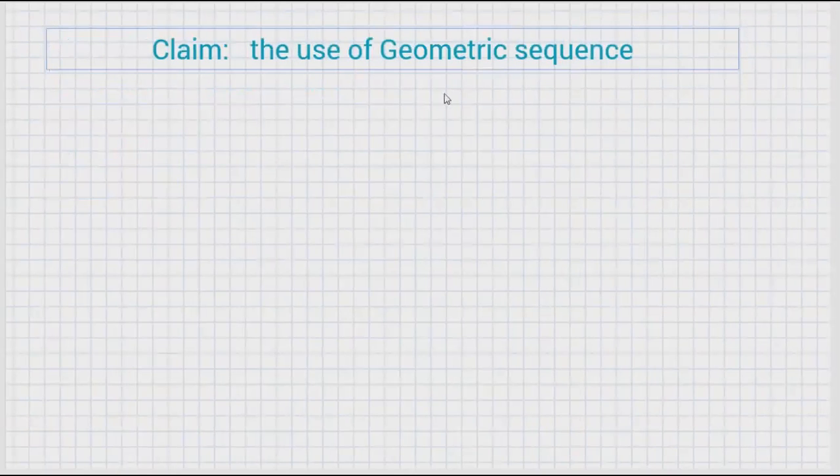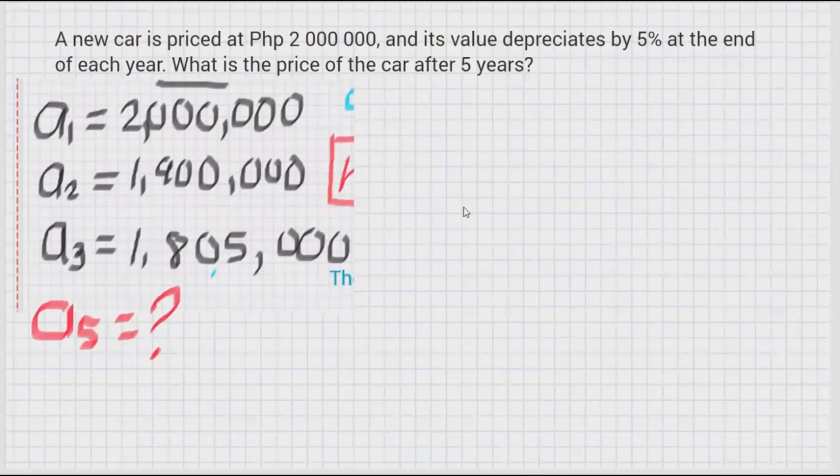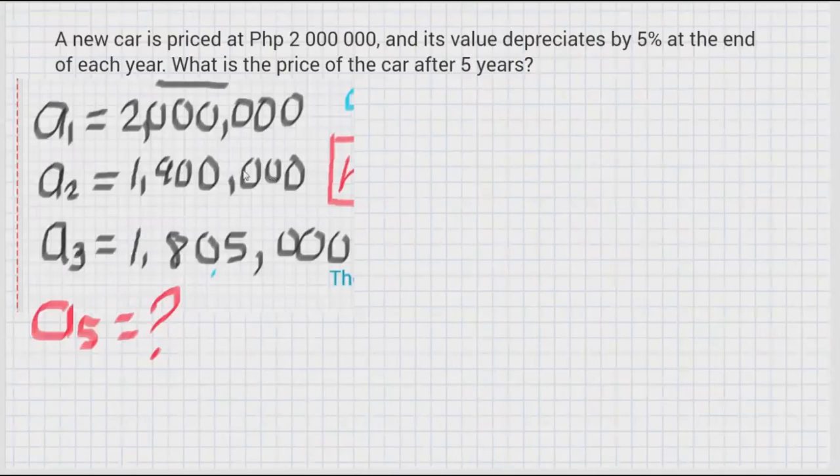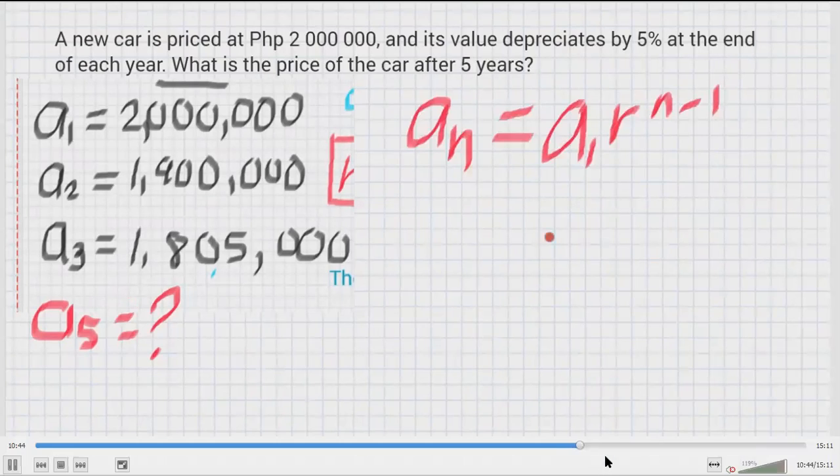And then you have to elaborate on your reason. For our evidence, let's solve for the fifth term, which is the price of the car after 5 years. Okay, so let's show the solution. The formula for the geometric sequence is a sub n is equal to the first term multiplied by r raised to the power of n minus 1.